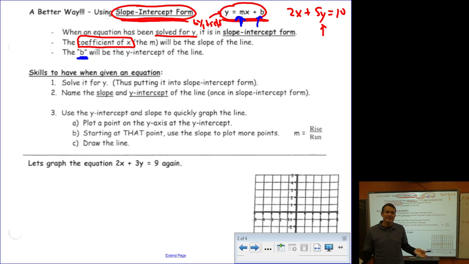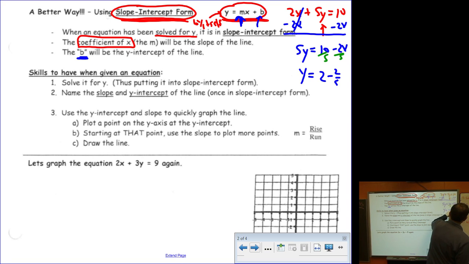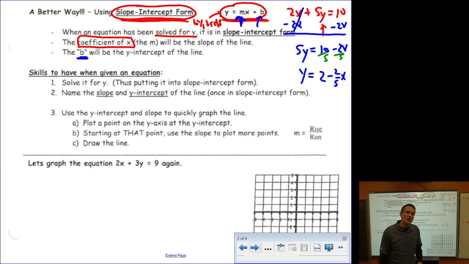So what I'm saying is, just by taking an equation and getting the y by itself, you suddenly know what the slope of the line is and what the y-intercept of the line is.